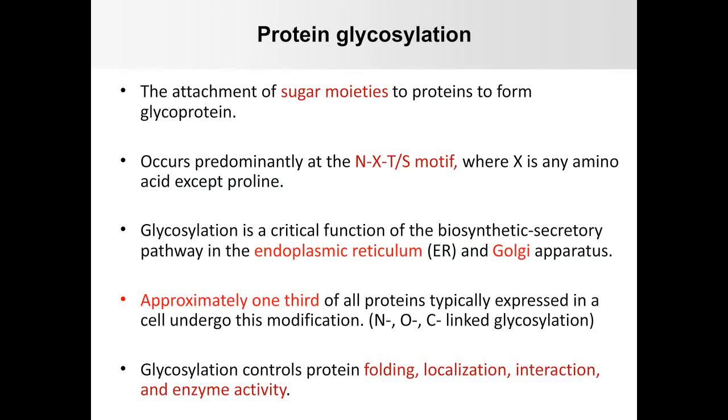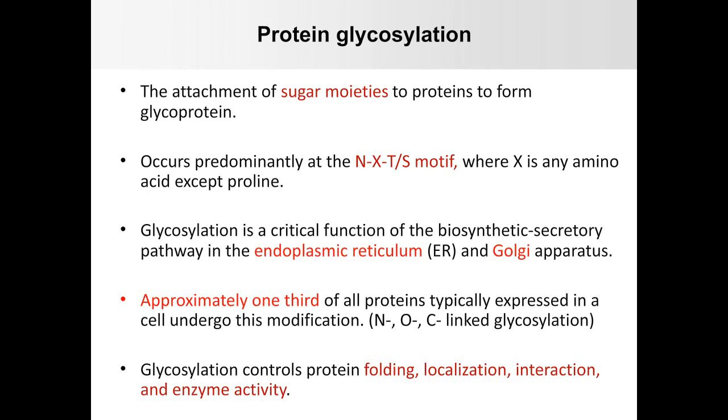Then we looked at the literature to see what might cause the molecular weight shift of PD-L1. One thing that came to our mind is that protein glycosylation might cause the protein molecular weight migration to shift dramatically. Protein glycosylation is the attachment of sugar moieties on the protein to form a glycoprotein. It usually occurs predominantly at the N-X-T motif.